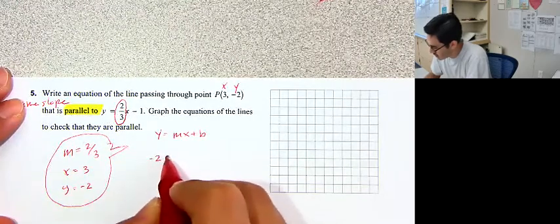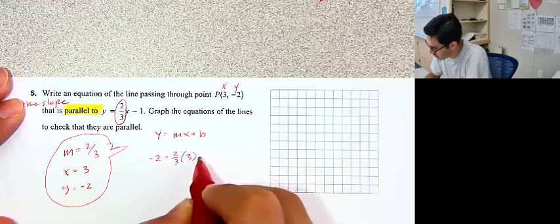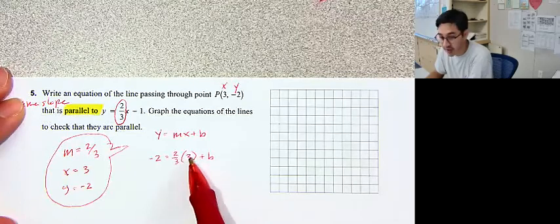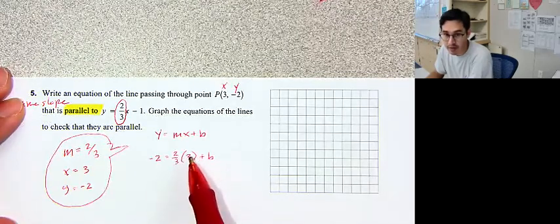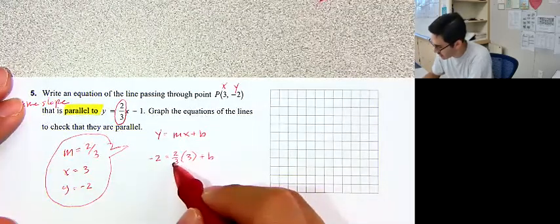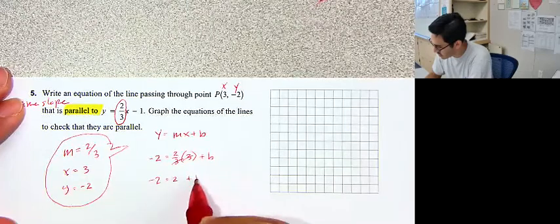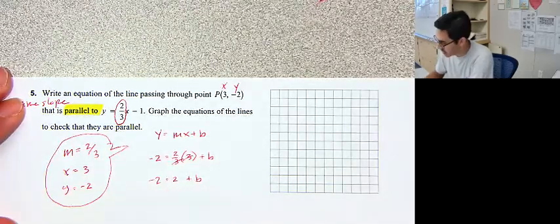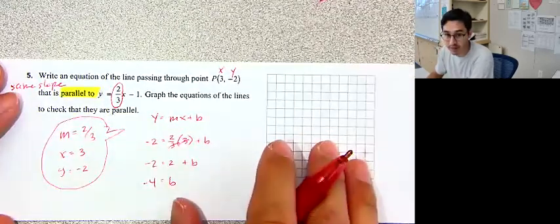So -2 equals 2/3 times 3 plus b. I see here that I have reciprocals, 3 in the denominator times 3 an integer, so those are going to cancel each other out. So we get -2 equals 2 plus b. We can subtract 2 from both sides, and we get -4 equals b.